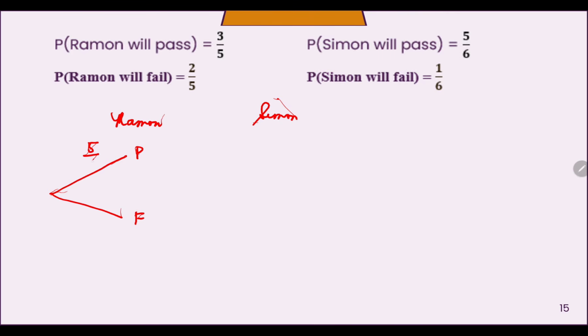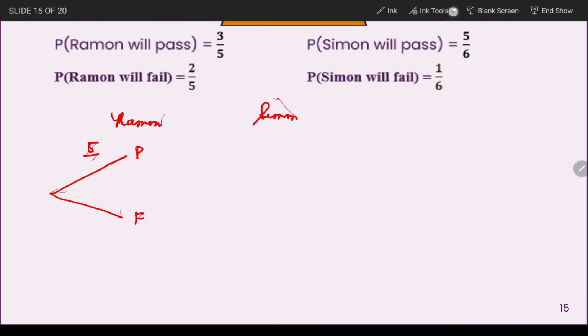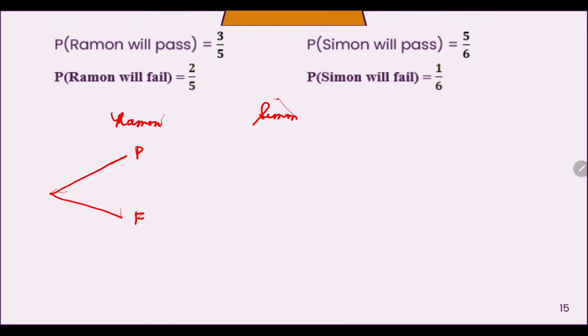Passing is 3/5. What is the probability that Ramon will fail? It's 2/5. Then we take a look at that of Simon. For Simon, the probability of passing is 5/6 and the probability of failing is 1/6.